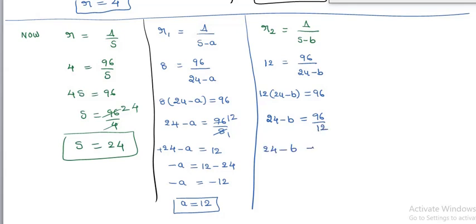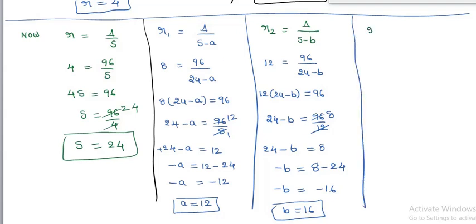Minus B is equal to 8 minus 24. Minus B is equal to minus 16. So both side negative cancel. B value 16.